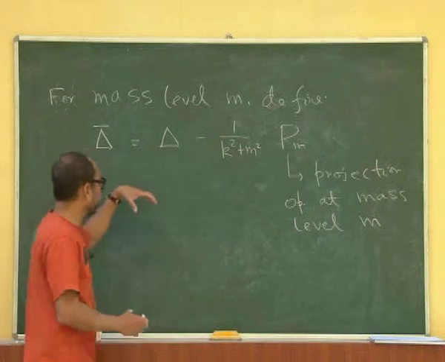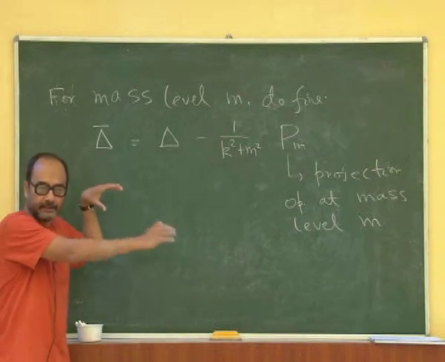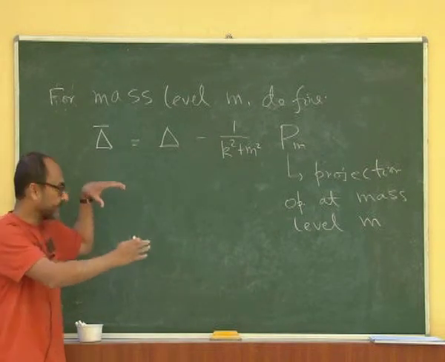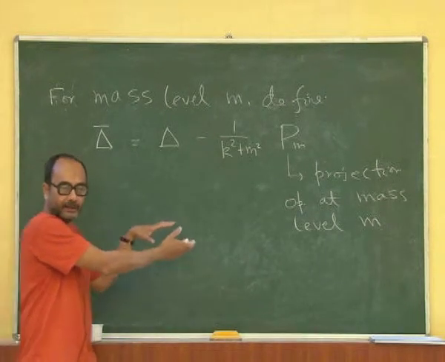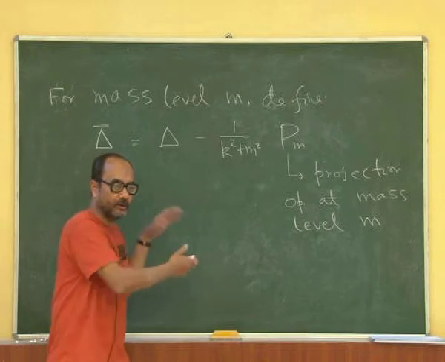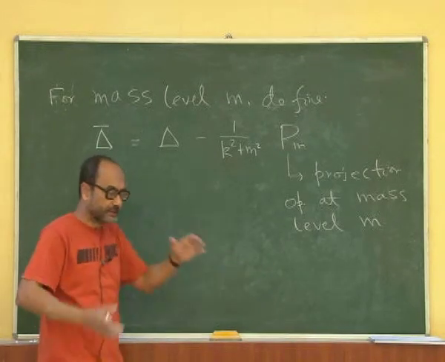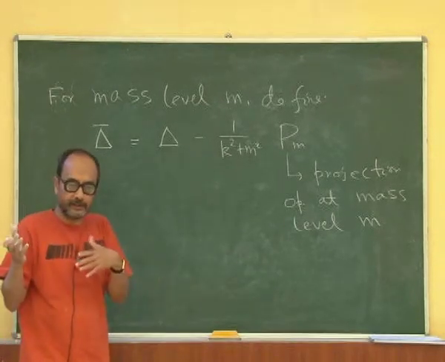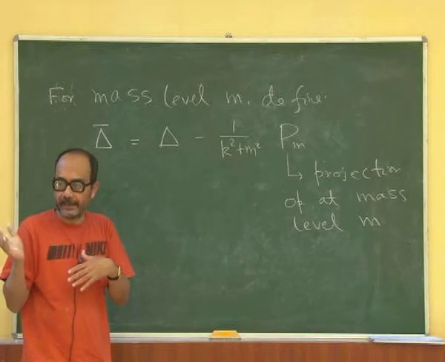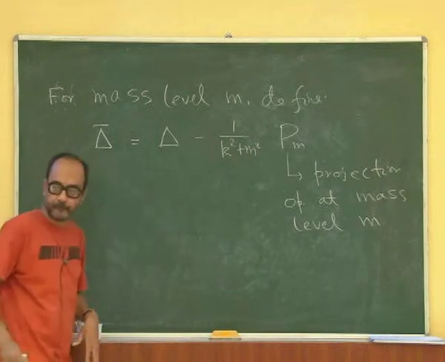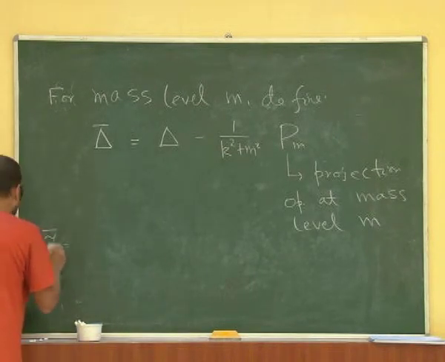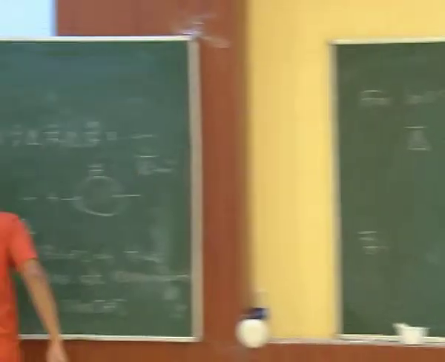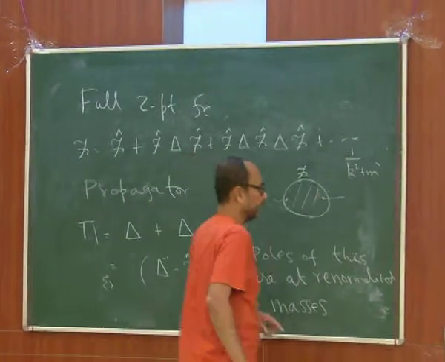Okay, so if you think of delta as a block diagonal matrix, 1 over L0 plus L0 bar, it has 1 over k square plus m1 square, 1 over k square plus m2 square, 1 over k square plus m3 square and so on, for different mass levels. We just subtract off one block from delta and define that to be delta bar. And now we define an F bar, which is the analog of F, but with delta replaced by delta bar.